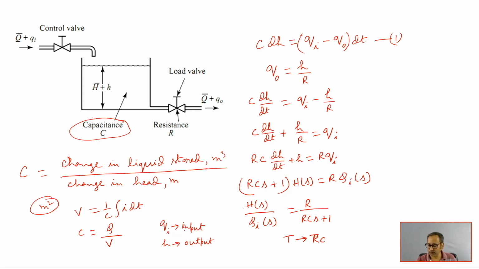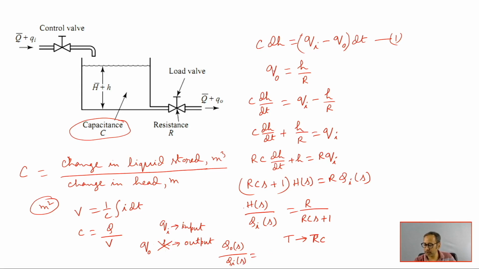If you consider Qi as the input, instead of H as the output, we can consider Qo as the output. In that case you have to find QoS by QIS, the Laplace transform ratio.